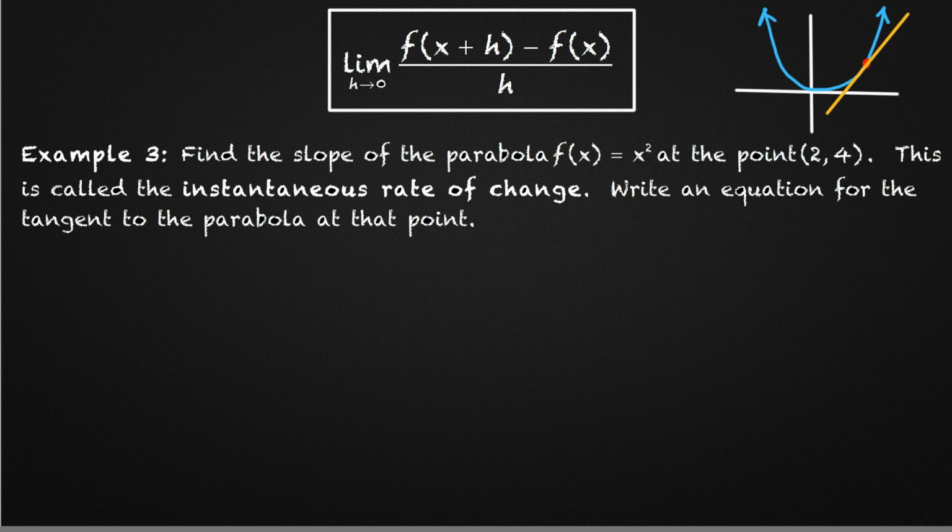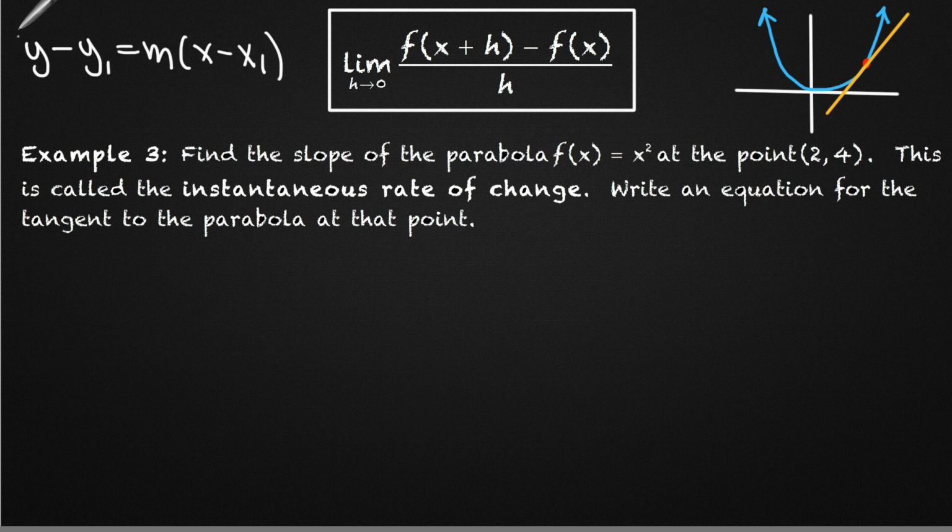So that requires us to remember something very important. This is very important for you to keep in mind throughout the entire year, because you're going to be writing tangent lines all year long. You need to use the point-slope formula in order to write the equation of a tangent line. Very important formula.